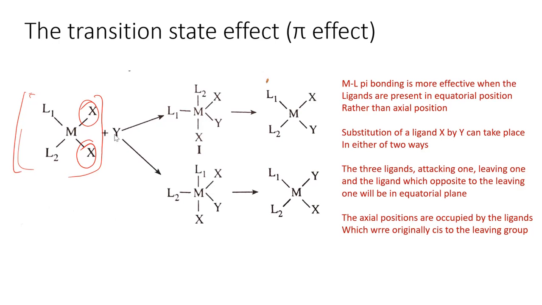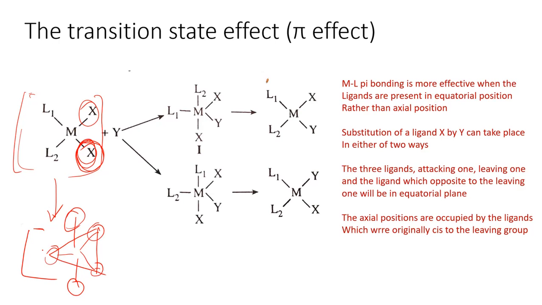Suppose this Y is attacking this square planar complex, and in our first case we are taking an example where this X will be the leaving group. Okay, so now how will you draw the transition state? See, for a TBP structure there would be two axial groups and three equatorial positions, right?